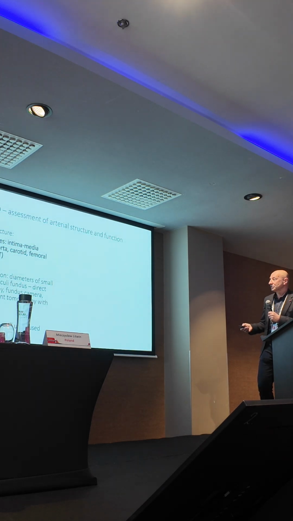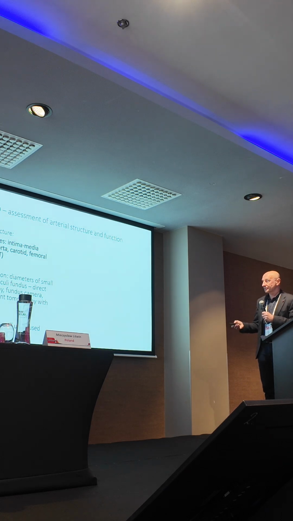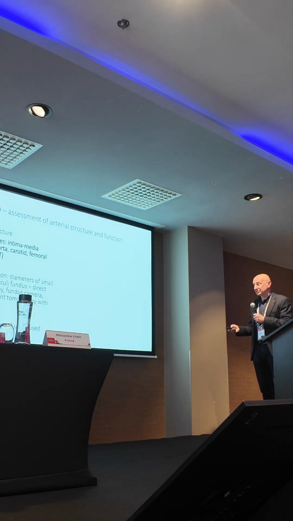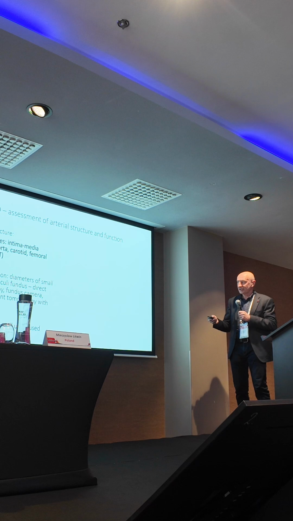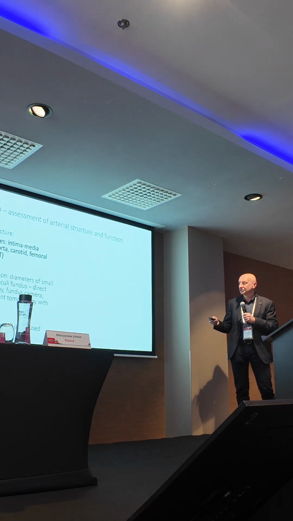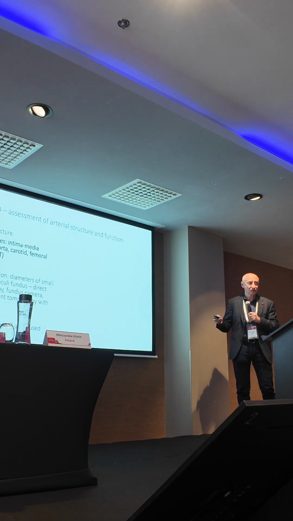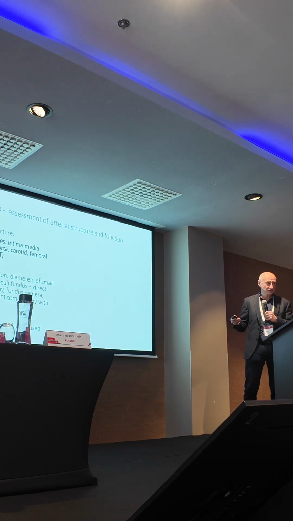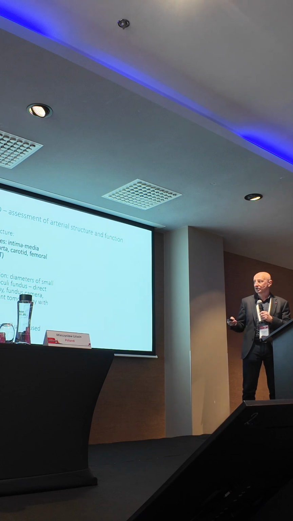So, how to assess arterial structure? In elastic arteries, the place where we assess arterial structures is carotid artery, and we assess intima media thickness. We can assess, of course, it also in aorta. It is quite difficult and not used clinically. Most often we assess intima media thickness in carotid artery.